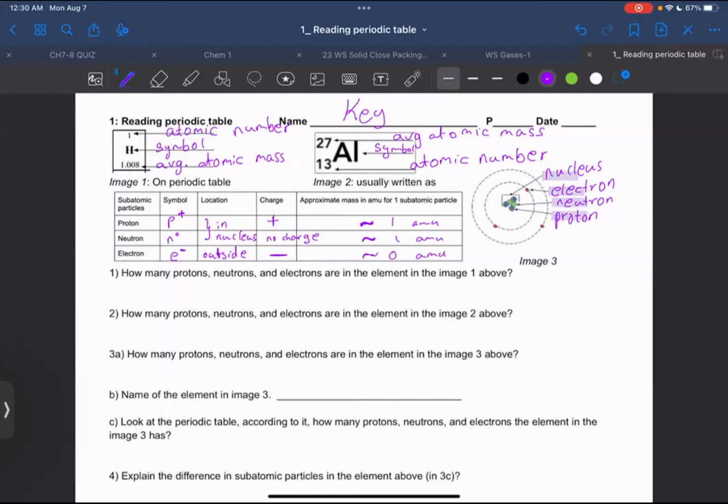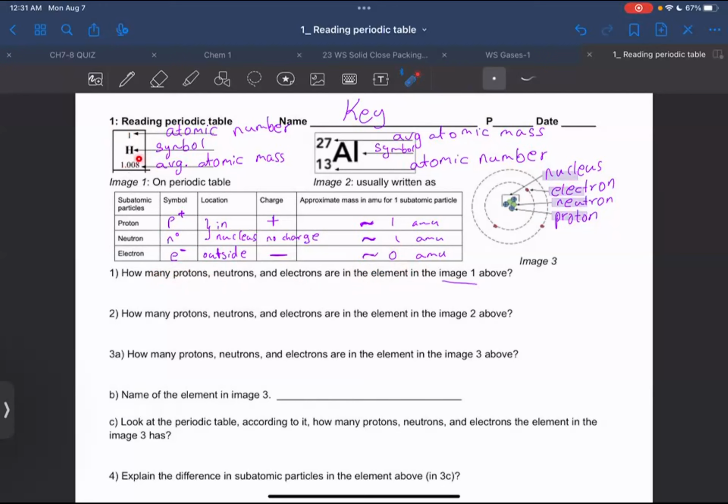Image 1, element 1. If you look at element 1 right here, you'll see it has atomic number 1. That's the number of protons. We're assuming these are elements, which means the charge is neutral, so the proton and electron numbers in a neutral atom must be the same.